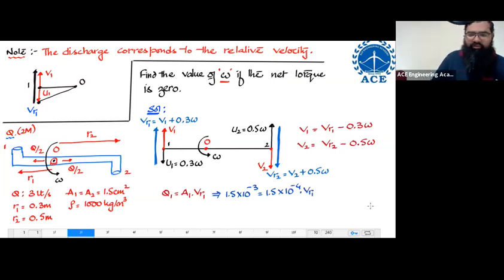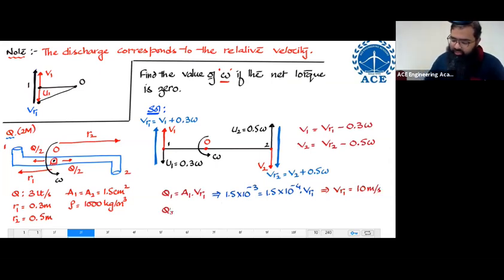This is Q1, this is A1, this is VR1. This implies the value of VR1 has to be equal to this divided by this. You are going to get 10 meters per second.